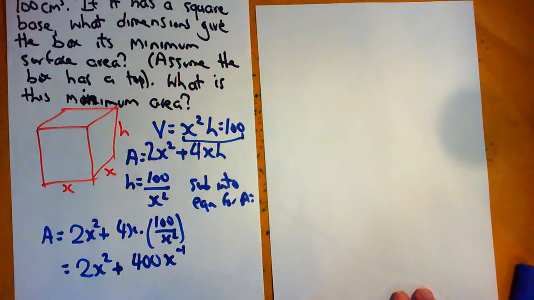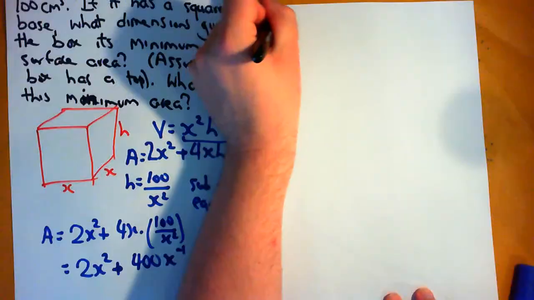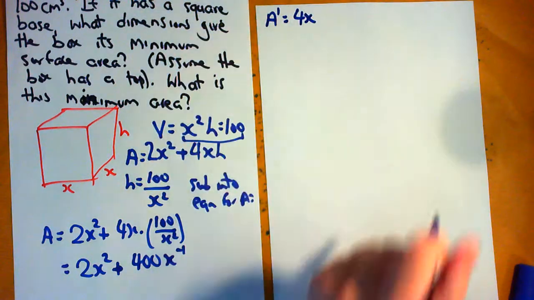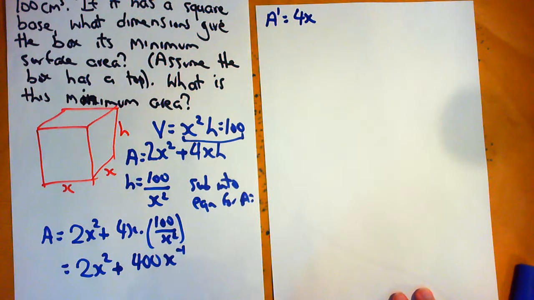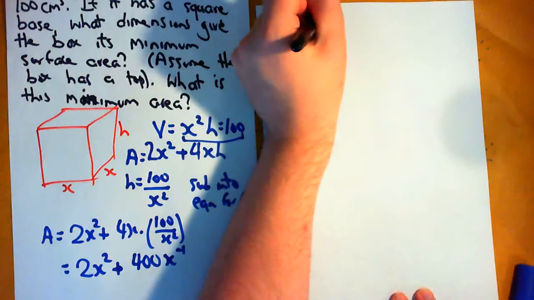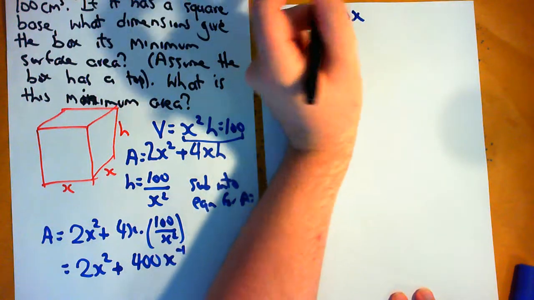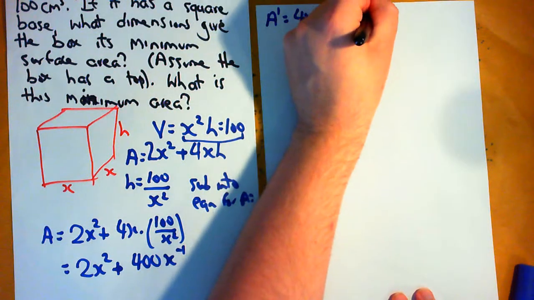So if we differentiate that, we get A dash equals 2x squared differentiates to 4x, 400x to the -1, well, 400 times -1 is -400, x to the power of -2.